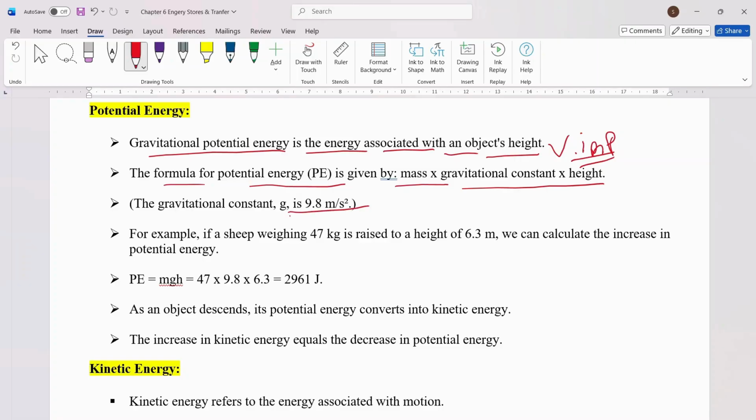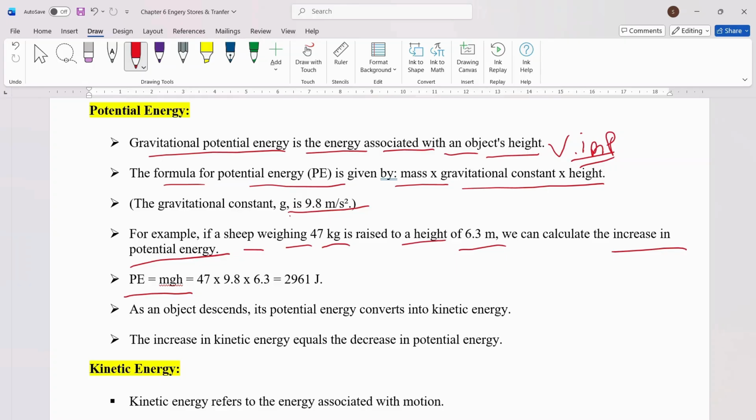For example, if a sheep weighing 47 kg is raised to a height of 6.3 meters, we can calculate the increase in potential energy. The formula is PE equals mass times gravity times height, mgh.